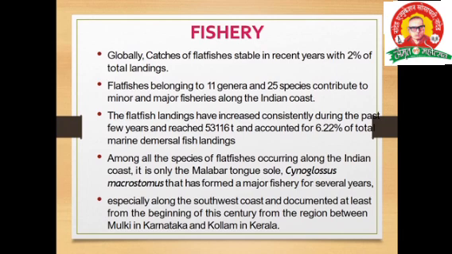Then flatfish landings increased during the past few years to 53,116 tons, accounting for 6.22% of total marine landings. Among all the species occurring along the Indian coast, Malabar sole and Cynoglossus are found in the major fishery of several years.